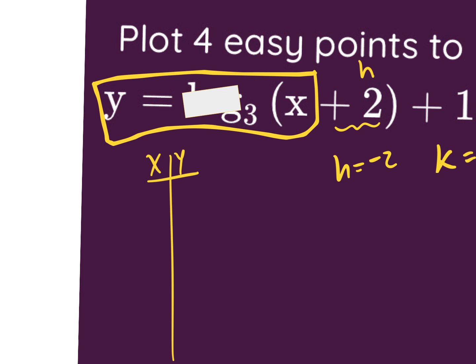Y equals 3 to the x, right? Now, if you were to show the work by switching x and y and then solving for y, getting rid of the log base 3 by raising it to the power of base 3, you would get y equals 3 to the x power. So it's easier to just cover up log and you have y equals 3 to the x. That is the inverse.